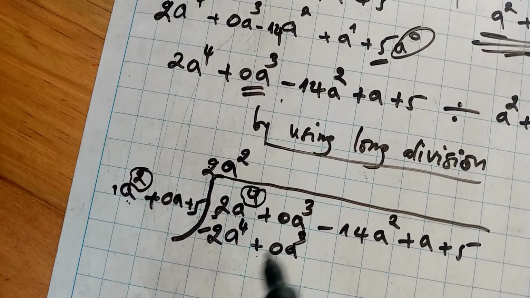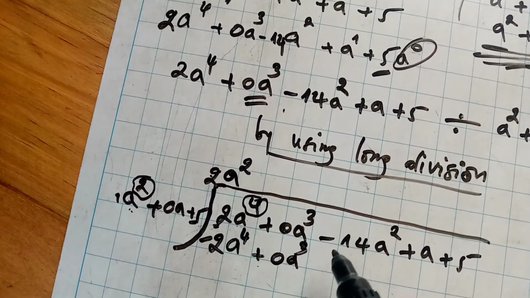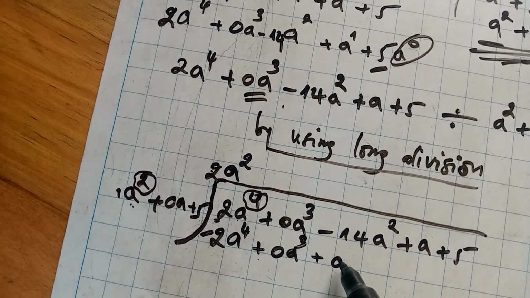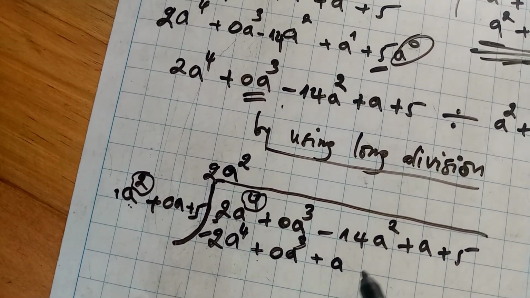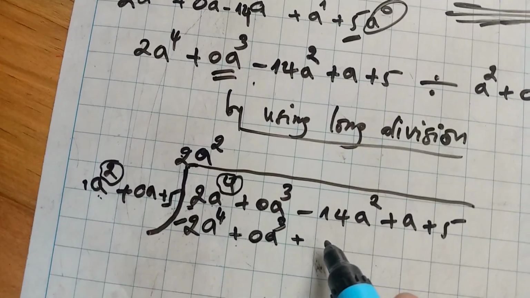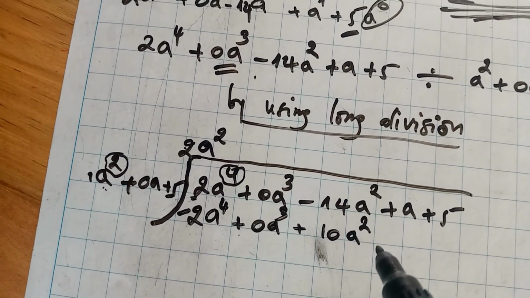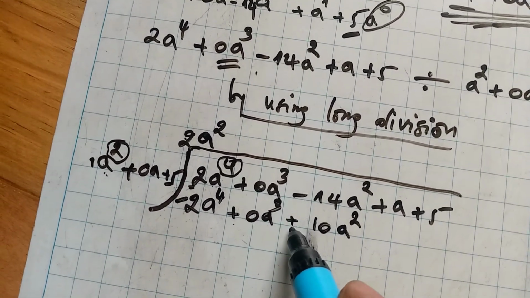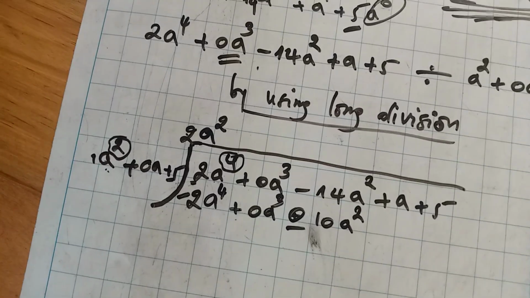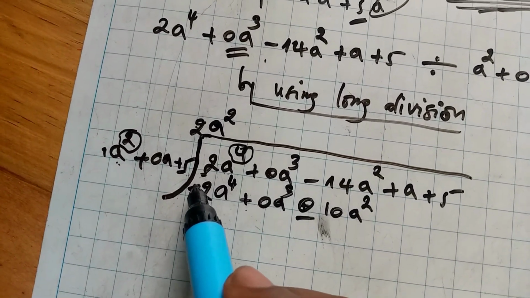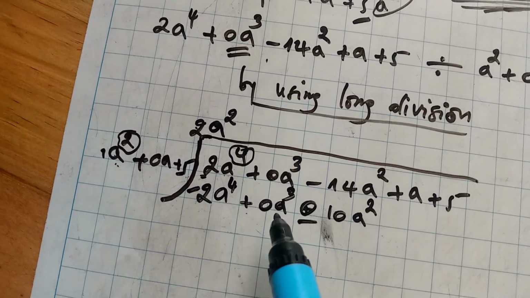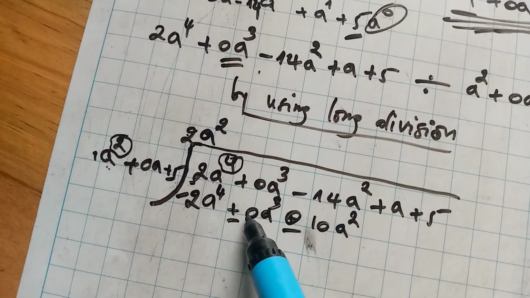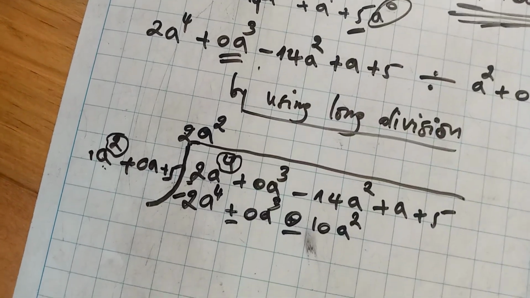Then 2 times 5 is equal to 10, which is plus 10a^2. You remember that this plus 10 has to change the sign to negative here. This one was positive, now it must change to negative. Even this one must change to negative, even if 0 is sign neutral.